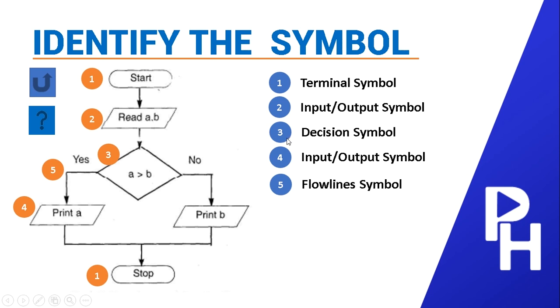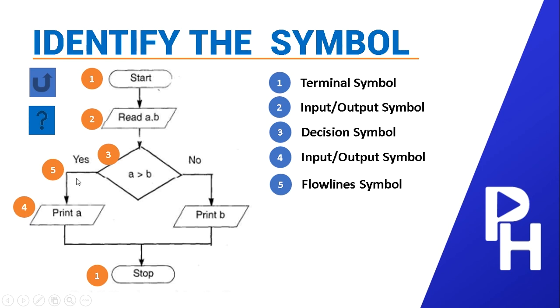The third symbol is the decision symbol with a branch of yes and no, or a true and false path. The fourth symbol is the input and output symbol as well, which prints A and prints B. And then the fifth symbol is the flow lines symbol. They are the arrowheads.